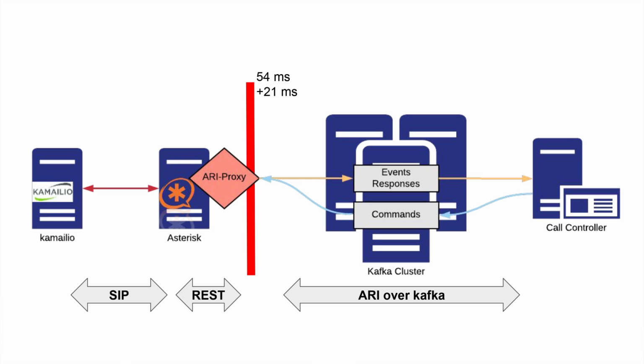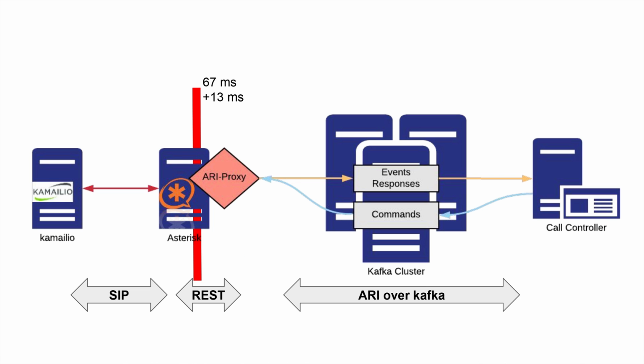Then on the ARI proxy, going twice to the ARI proxy adds 13 milliseconds. So in total, our setup takes 67 milliseconds to answer a call, which is okay.